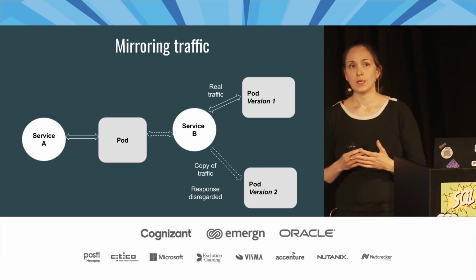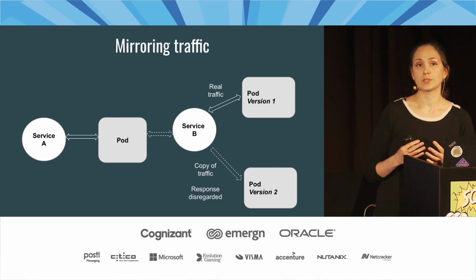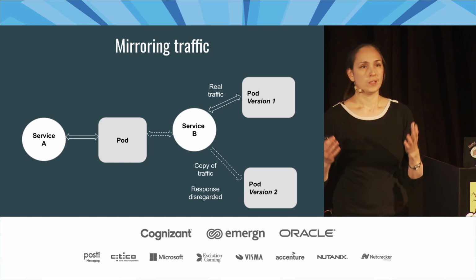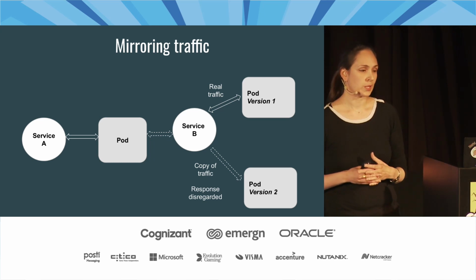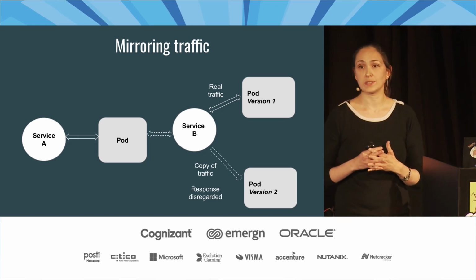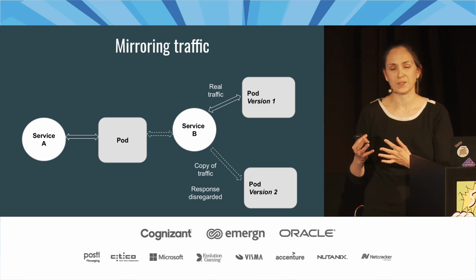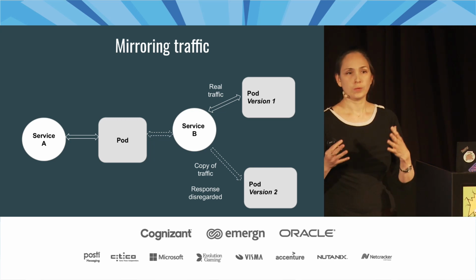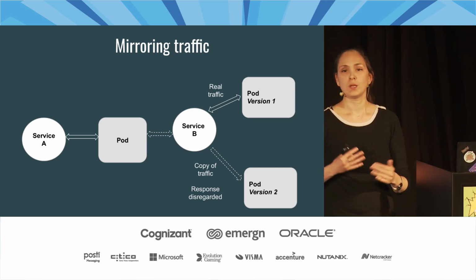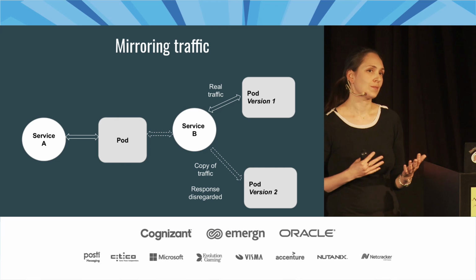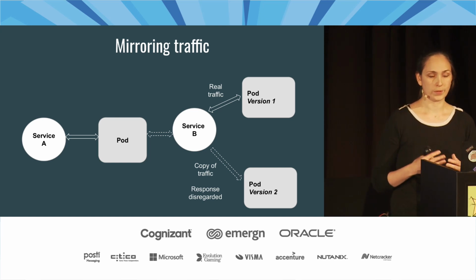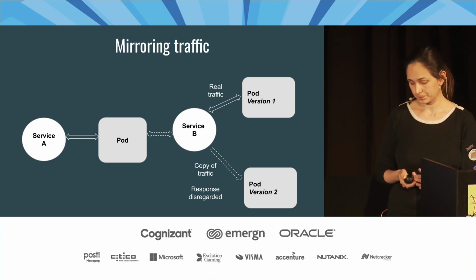Having said that, if the requests are doing something that modifies your system, inserting records to a database, for example, additional handling is needed, because this is something that's not taken care of by Istio, because Istio doesn't know what the request is doing. So if you have something that's modifying your system, put in another database, put a mock, something like that, to make sure that it doesn't modify or corrupt your system.